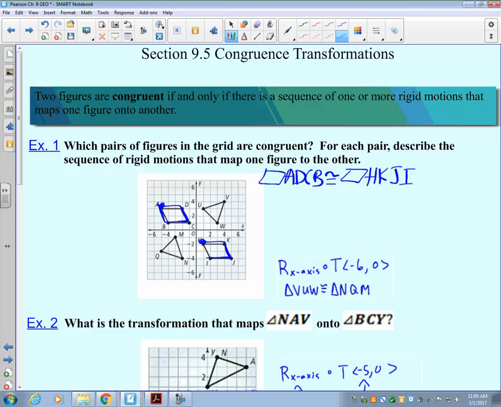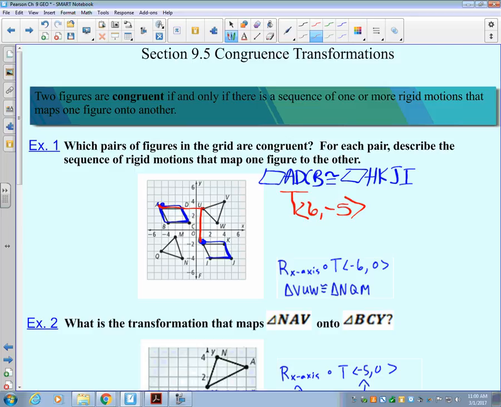I'm going to look at H and A. I go from A to H by going to the right 1, 2, 3, 4, 5, 6 units. So it's a translation, 6 units to the right and 1, 2, 3, 4, 5 units down. So to go from ADCB to HKJI, I translate it 6 units to the right and 5 units down.